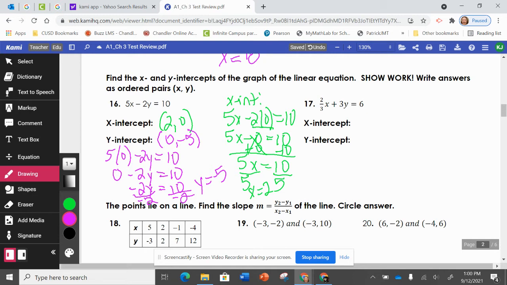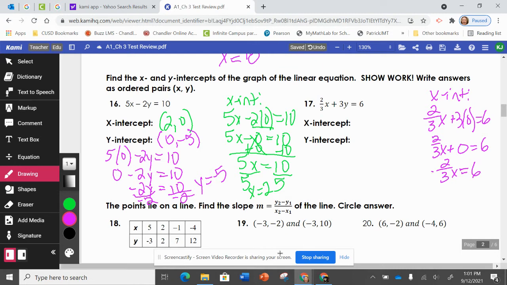For 17, our x-intercept, we have 2/3 x plus 3 times 0 is equal to 6. 3 times 0 is 0. Anything plus 0 is itself. So we can look at this as 2x divided by 3.